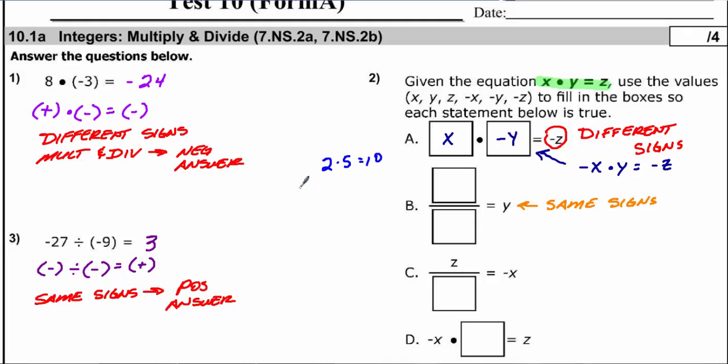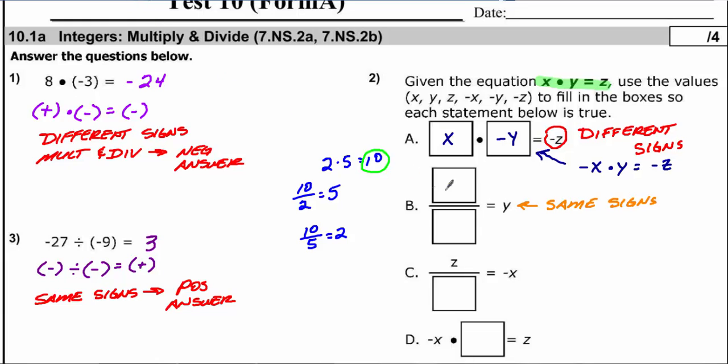That can be changed into one of two division problems. Either 10 divided by 2 equals 5, or 10 divided by 5 equals 2. But in either case, that was bad grammar, don't tell Miss Silvani on me. In either case, it has to be the 10 on the top. It has to be this answer that we have divided by one of these gives us the other one.